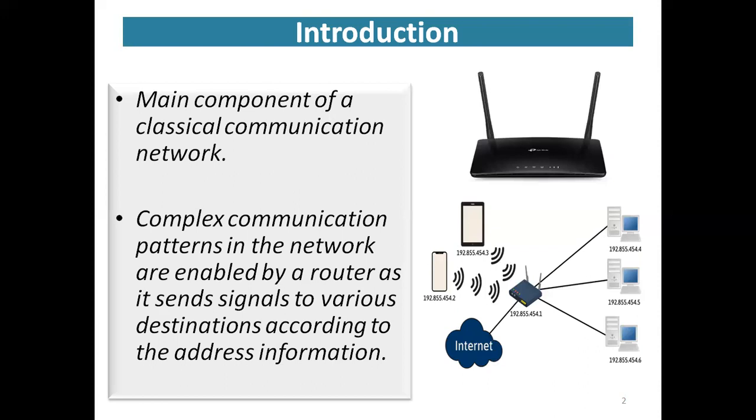You can see this router in between; it sends the IP address to different devices. As a result, the data packets travel to their intended destinations instead of being lost in the network. For data to reach the right device, we need routers to connect many devices within the network.